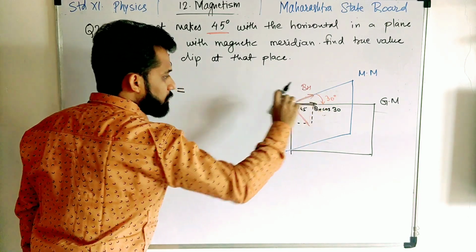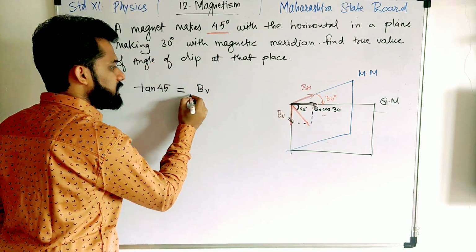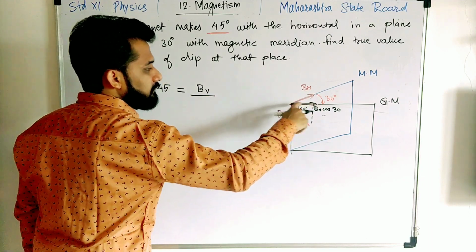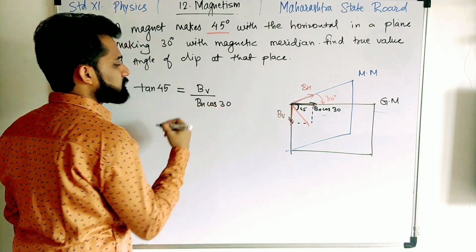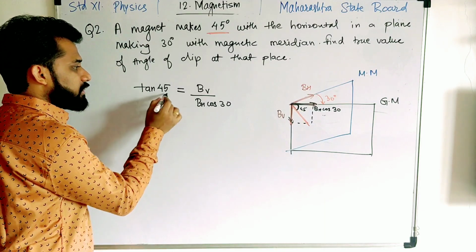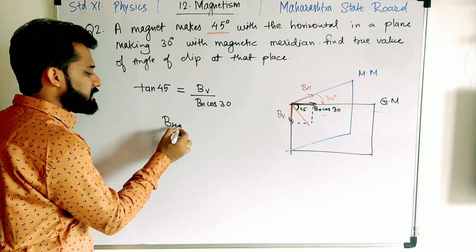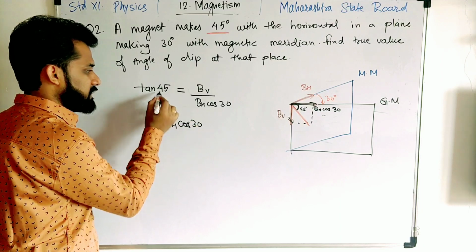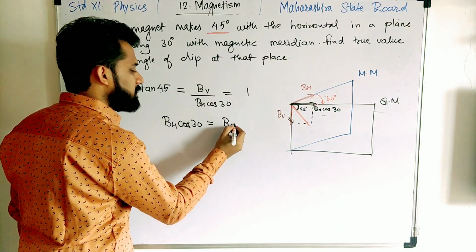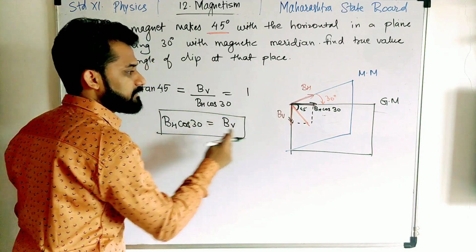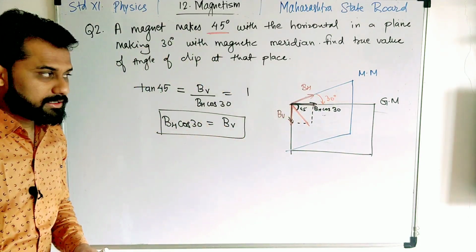Tan 45 is opposite side, that is BV, upon the horizontal, which is BH cos 30. But since tan 45 is 1, BH cos 30 will be equal to BV. This is what we will get from this black color plane.